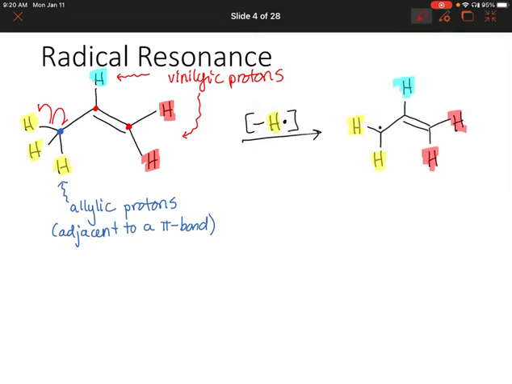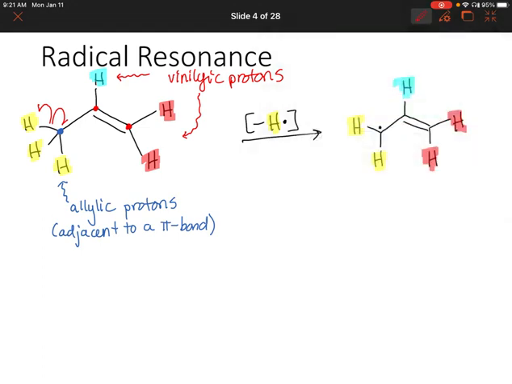Now, this looks similar to our discussion on carbocations at the very beginning of last quarter. So imagine that that single unpaired electron is actually a positive charge. We're really familiar with resonance in regards to carbocations. Well, it's the same thing with radicals, except we're just going to draw the arrows a little bit differently here.